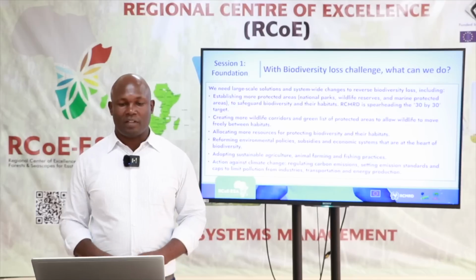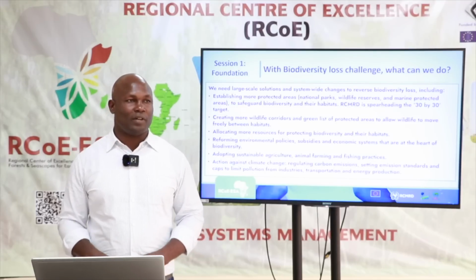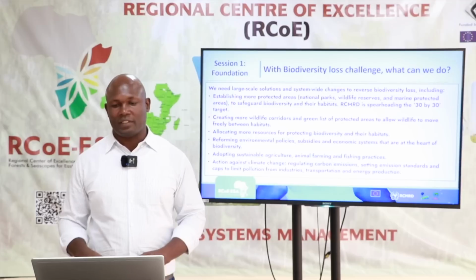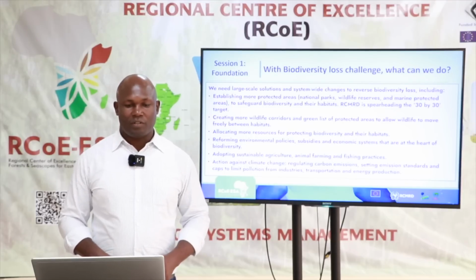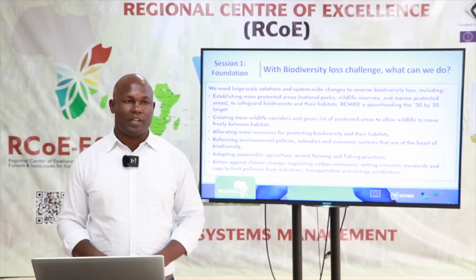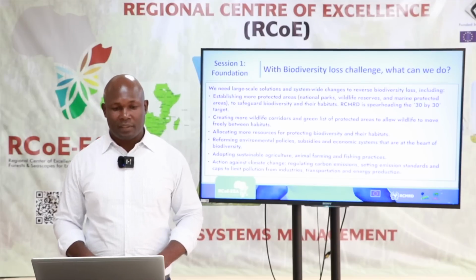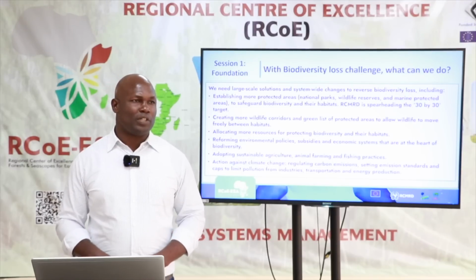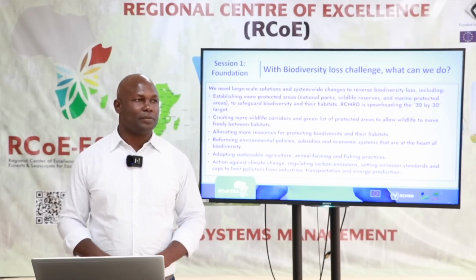We need to create more wildlife corridors so that wildlife and biodiversity can move freely. We need to allocate more resources for protecting this biodiversity, including the habitats, and create environmental policies that are friendly to biodiversity.